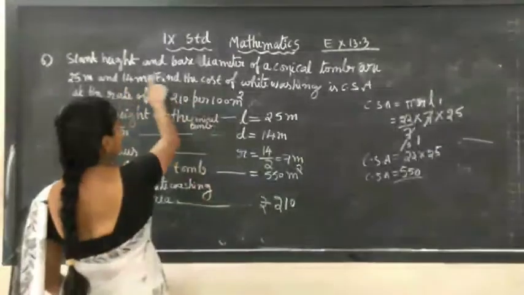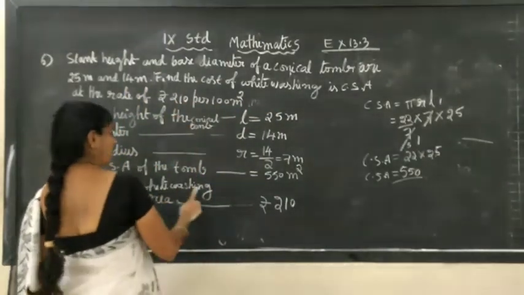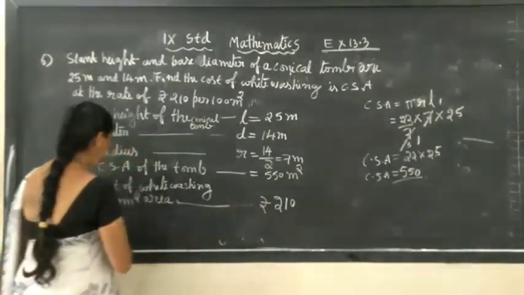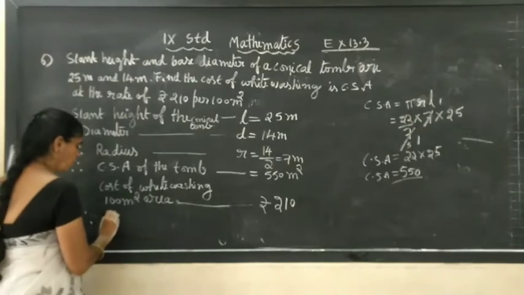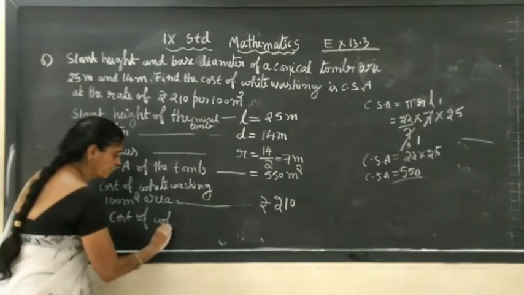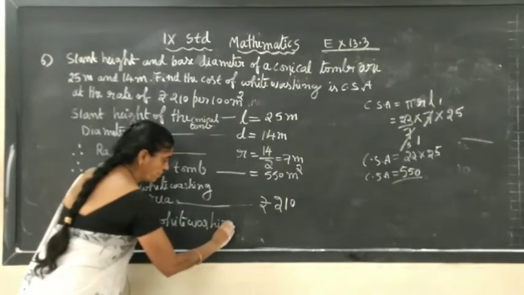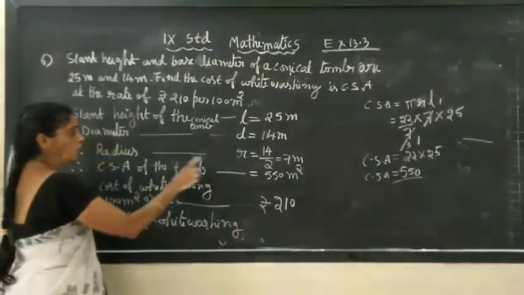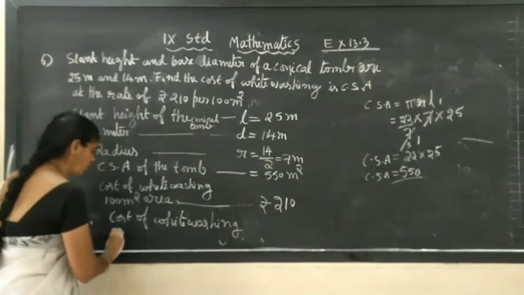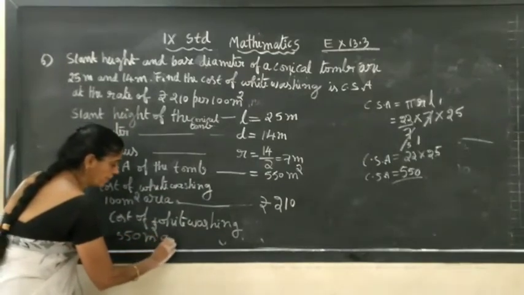It is 210 rupees for whitewashing 100 meter square area. Therefore, for the cost of whitewashing, it is not 100 now. The curved surface area we got is 550, so instead of 100, it is now 550 meter square area.